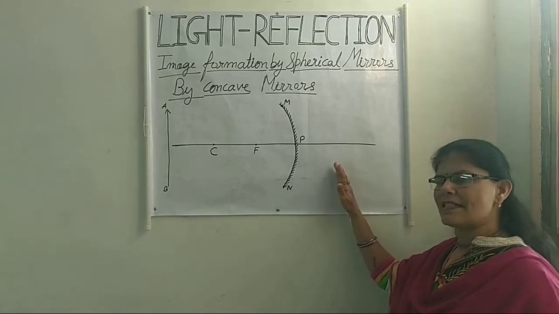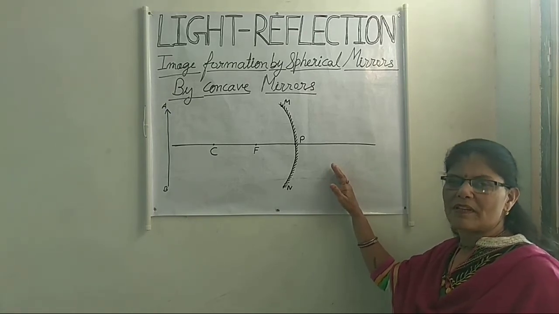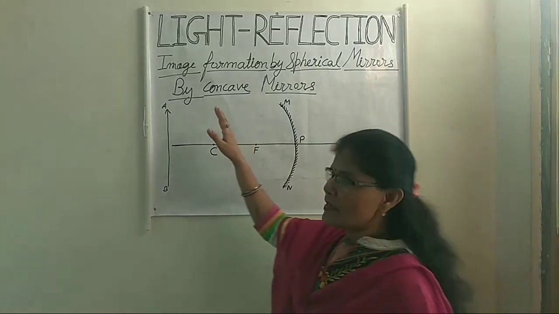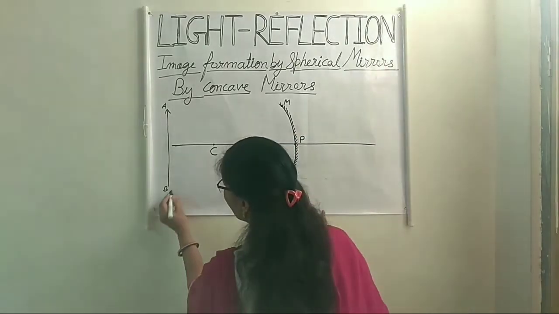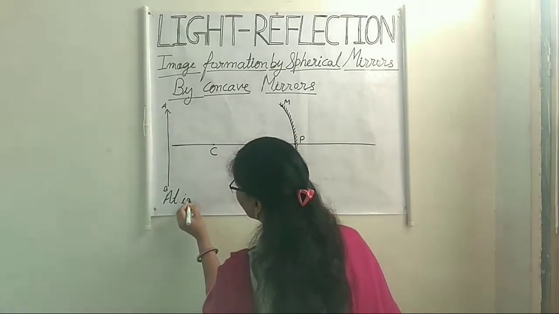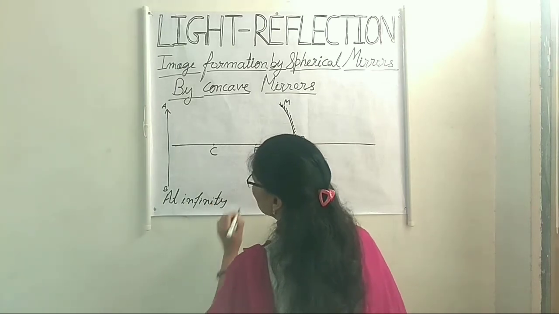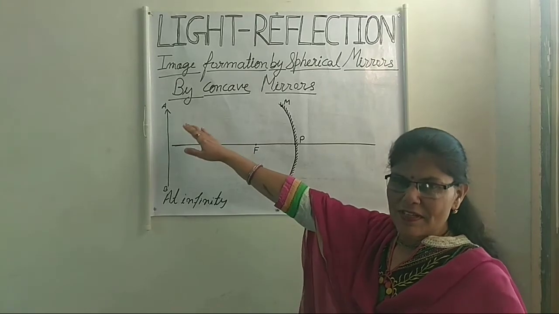The first case is the same that we have already done to show how a concave mirror is a converging mirror. I am just showing it again. Our source is at infinity. So a parallel beam of light is coming from the source which is at infinity, which is the sun.